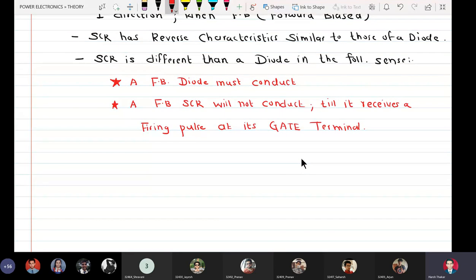Okay, so an SCR is different than a diode in the following sense: a forward bias diode must conduct, and a forward bias SCR will not conduct till it receives a firing pulse at its gate terminal.